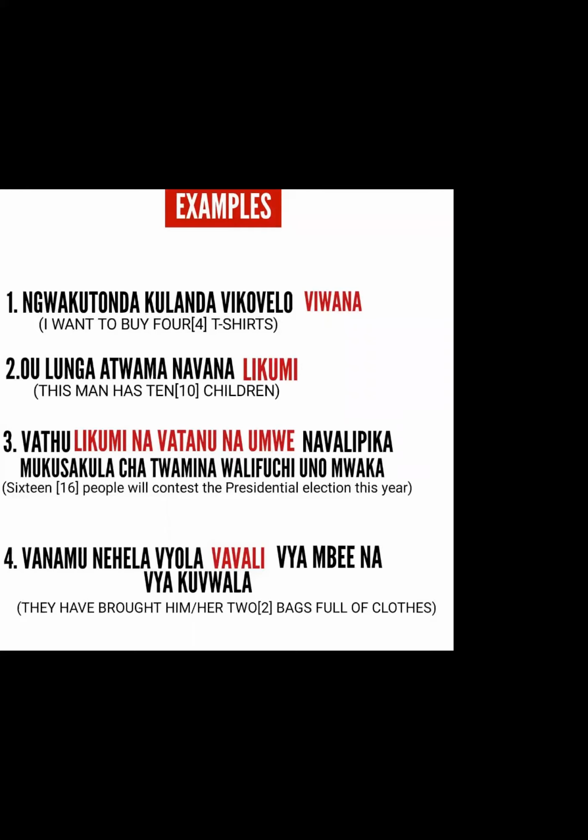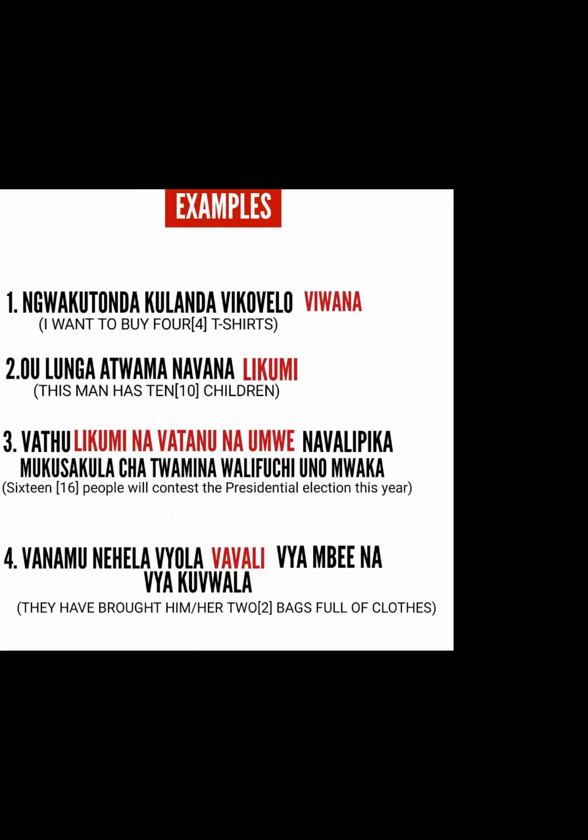Vatu 15 na umwe navalipika mukusakula cha twamina walifuchi uno mwaka. So kulipika is to contest or to compete. Mukusakula is election or the process of choosing. Twamina walifuchi: twamina is a leader.